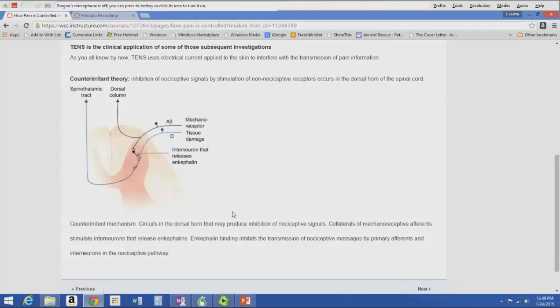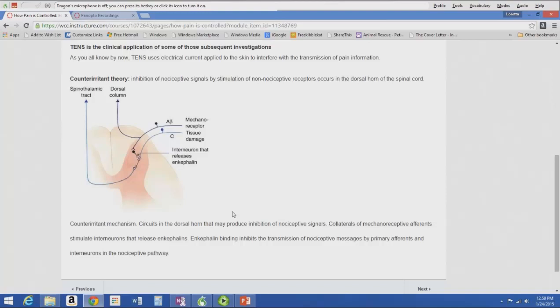The A beta fiber is synapsing with an interneuron that releases enkephalin, which is an endogenous protein, a neuromodulator that's going to inhibit the synapse. It's that presynaptic inhibition of that C fiber. So we're trying to keep that pain signal from being transmitted up the spinothalamic tract.